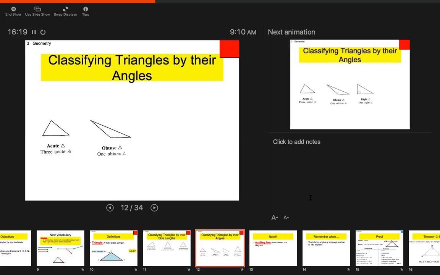Well, the next one is a right, I'm sorry, it should be a right, but they went obtuse. I'm just doing it from what's in the book. The obtuse has only one obtuse angle. Well, if it has one obtuse angle, guess what else it has? It has two acute. It doesn't say that, it should. One obtuse, two acute. Why can't it have a right angle if one of the angles is obtuse?